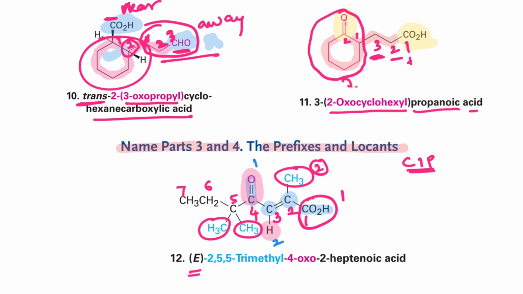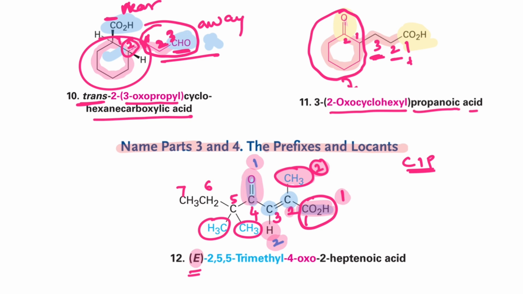Then here also the same thing we have, this is a second priority group, this is a first priority group. So the first priority groups are opposite, this is 1, this is 1, opposite. The second priority groups are opposite, therefore that is called E. Now, what are the positions of the substituents?